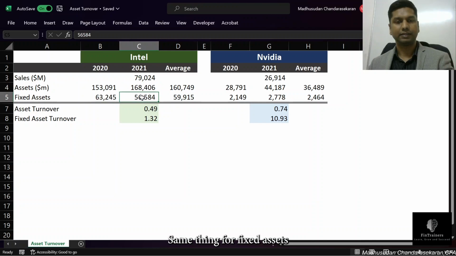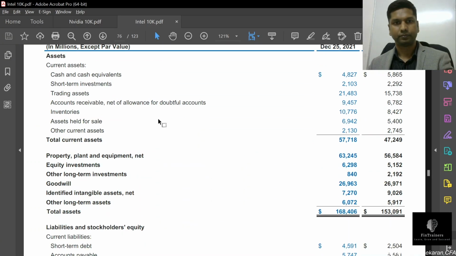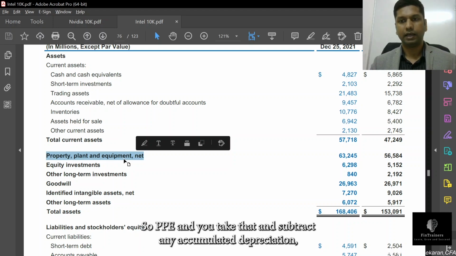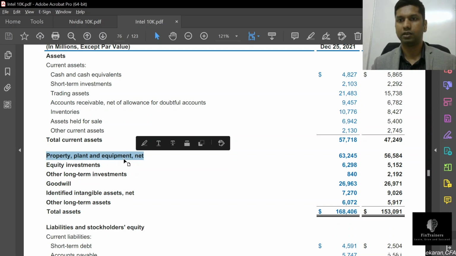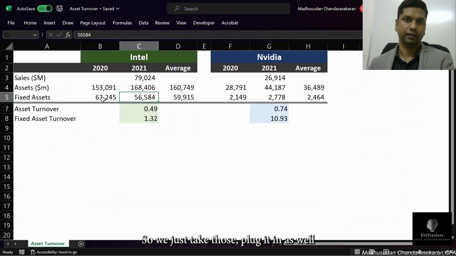Same thing for fixed assets. For fixed assets, we'll have to go back to the balance sheet and go to the PPE line. As I said, this is not the gross PPE, but the net one. So PPE, and you take that and subtract any accumulated depreciation. But in this case, Intel has already given us the net number. So that's wonderful. We just take those and plug them in as well.